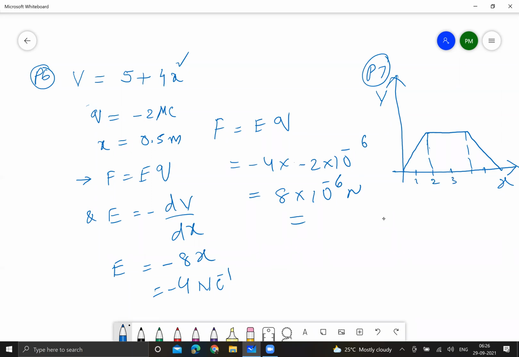Find the electric field at x is equal to 5 meters.